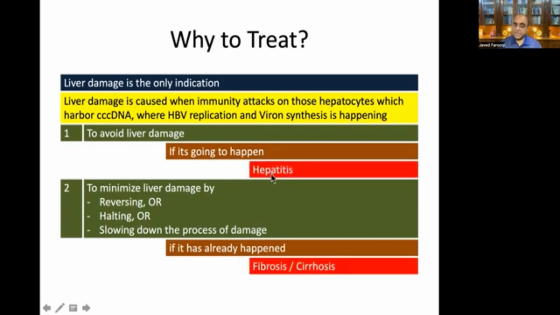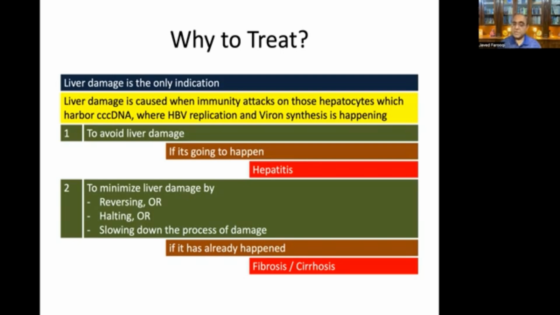If a patient has hepatitis, like HBeAg positive hepatitis or HBeAg negative hepatitis, in this stage the liver damage is going to happen. So we want to avoid the liver damage, and antiviral treatment is required here. And if the patient is already fibrotic or cirrhotic, even in a cirrhotic liver with negative PCR, we do recommend treatment.